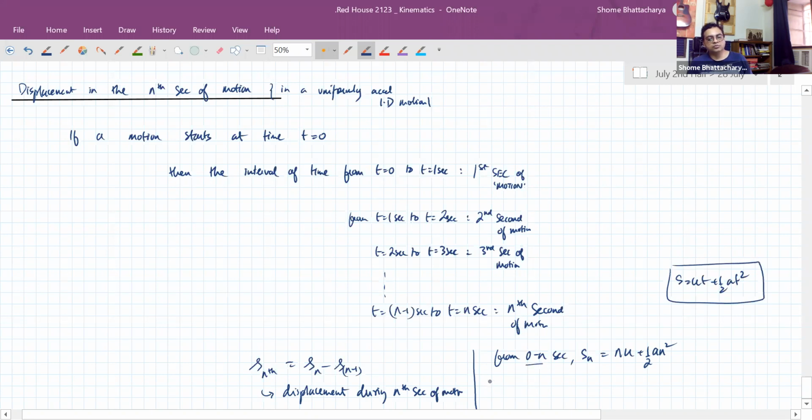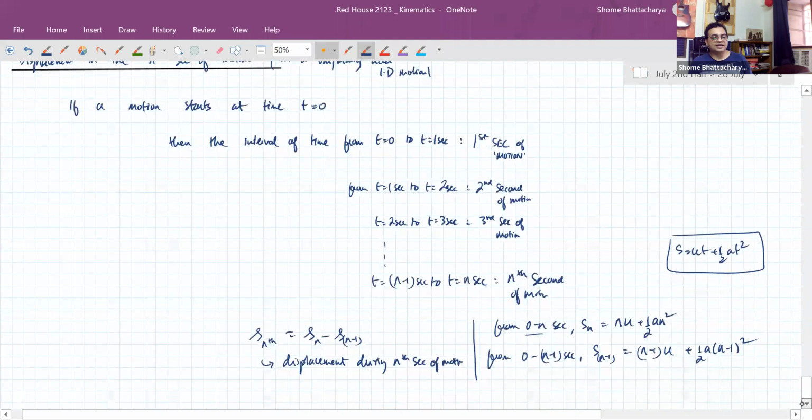Similarly, from 0 to n minus 1 seconds, what is the displacement? It is (n minus 1)u plus half a into (n minus 1) square.